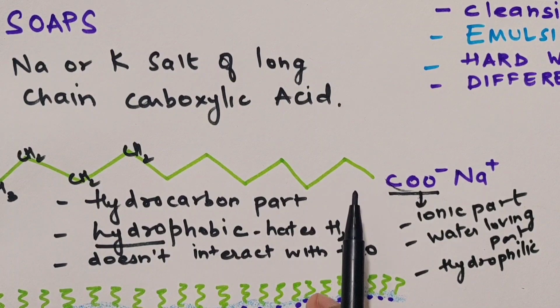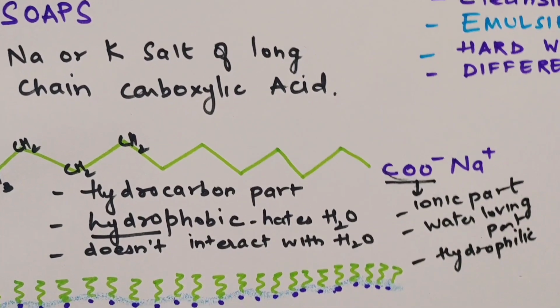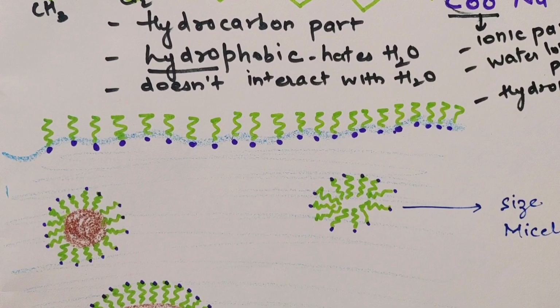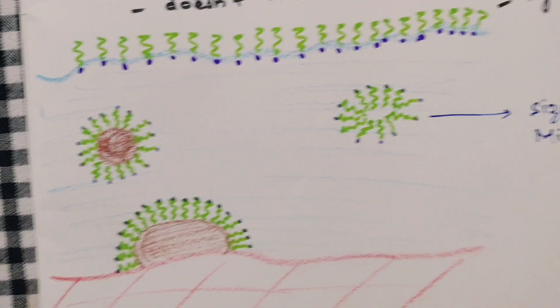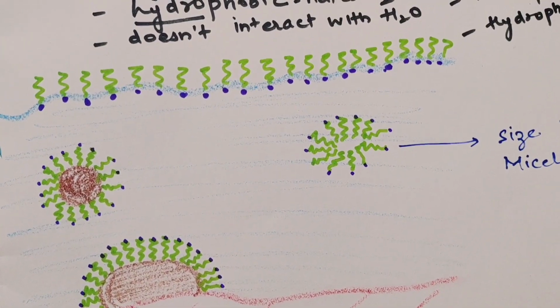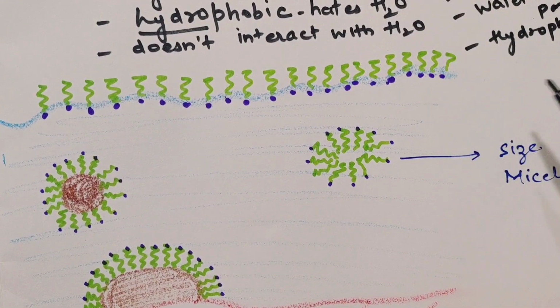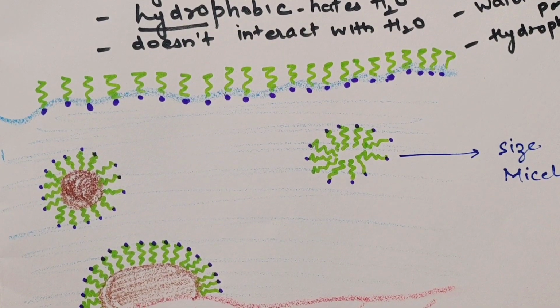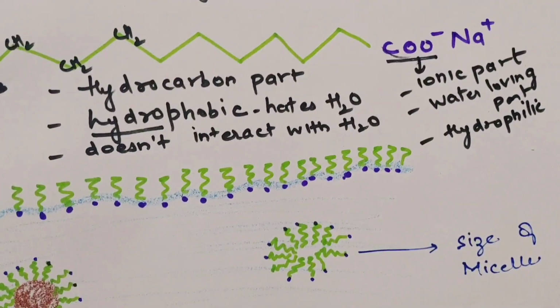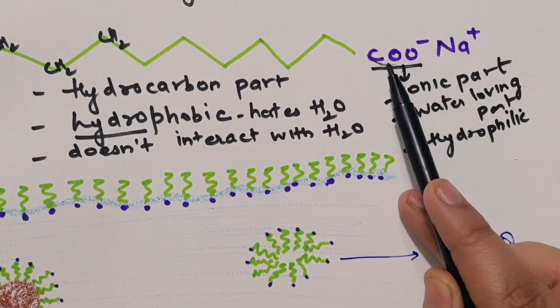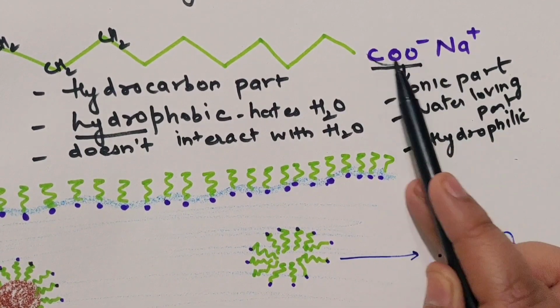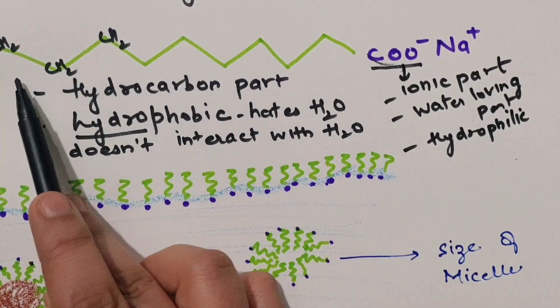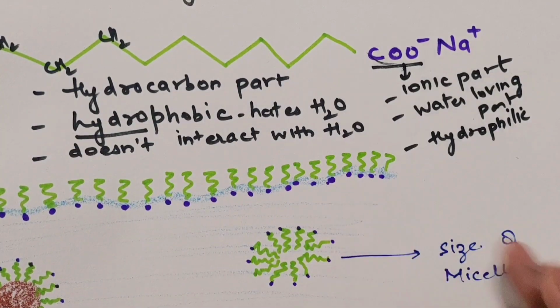Okay, now let's talk about the cleansing action of soap. Like I said, when we add soap into the water, the sodium and the carboxylate ion separate. Only the carboxylate ion remains with the rest of the hydrophobic tail.